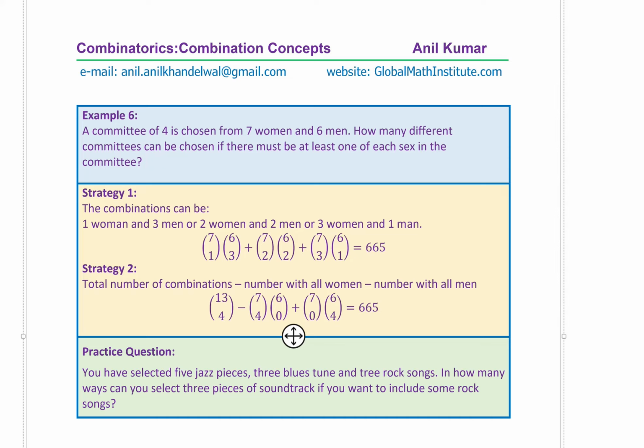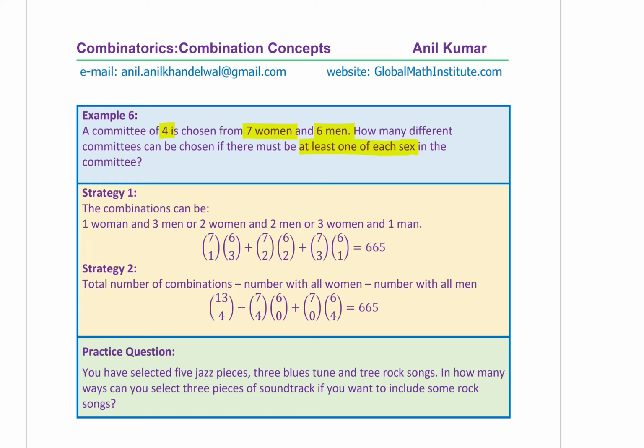Question number 6: a committee of 4 is chosen from 7 women and 6 men. How many different committees can be chosen if there must be at least one of each sex in the committee? So at least one woman, at least one man should be there in each committee formed. That is the condition. So this is conditional combination, correct? Let's see how we do it.